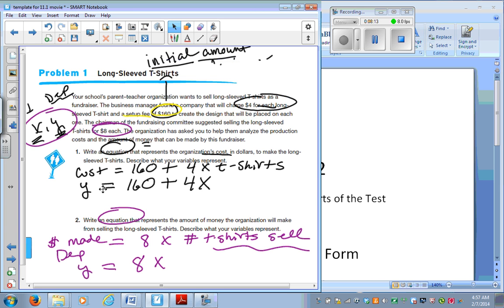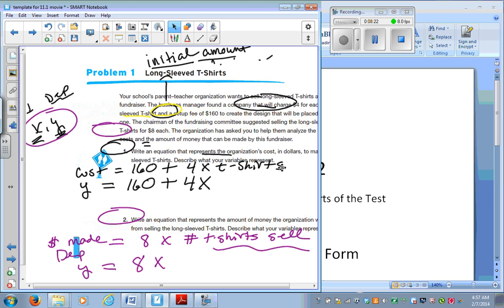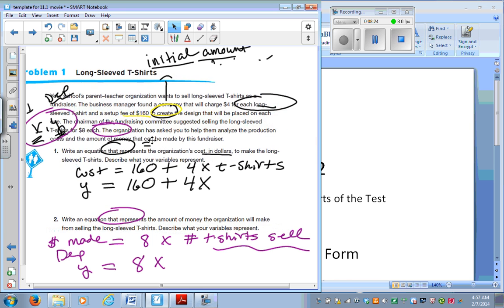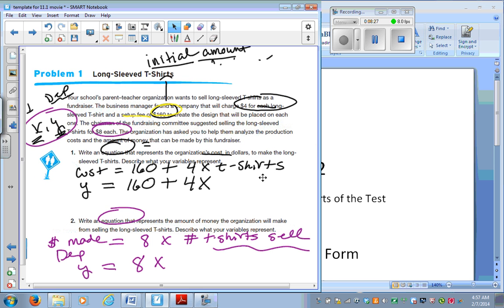So my two equations: first of all, to represent my cost, y, and notice in both cases, x represents the number of t-shirts. Here, the number of t-shirts represents the number of t-shirts that we buy from the company. Here, it represents the number of t-shirts that we sell.